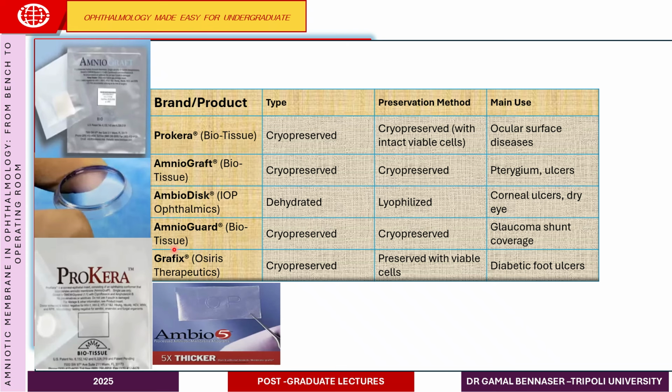We have also the AmnioGuard, which is a cryopreserved amniotic membrane used for shunts and glaucoma operations. And the Grafix, this is not for ocular use. This is used in diabetic foot ulcers, because amniotic membrane can be used for other applications like skin treatment, which is also another cryopreserved amniotic membrane, but this is not for ocular applications.